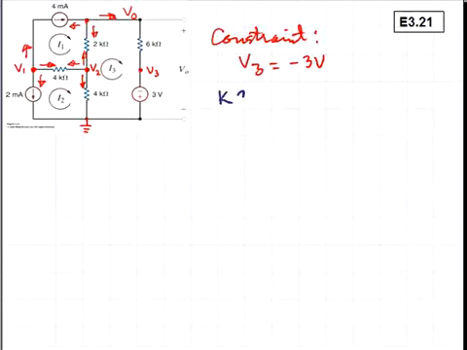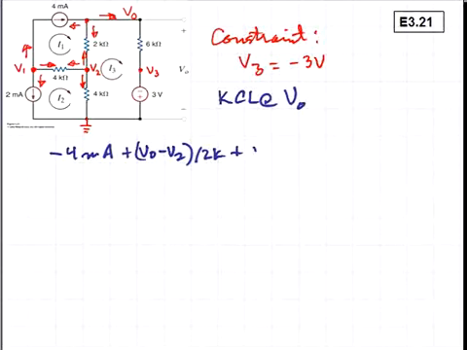Now we'll do the KCL expression for the node V sub O. We have minus 4 milliamps plus VO minus V2 divided by 2K plus VO minus V3 divided by 6K is equal to 0.